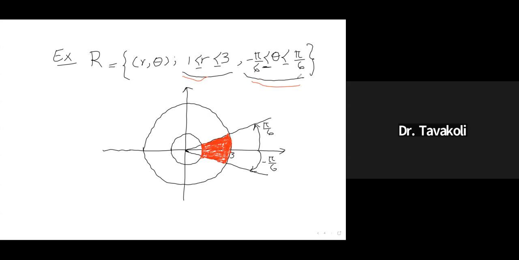It's all the points consisting of R and theta, such that R is between 1 and 3, and theta is between minus pi over 6 and pi over 6. If I wanted to describe the region in the XY coordinates, it would have been a little bit more complicated. In fact, for a region like this, it's easier to describe it in polar coordinates.